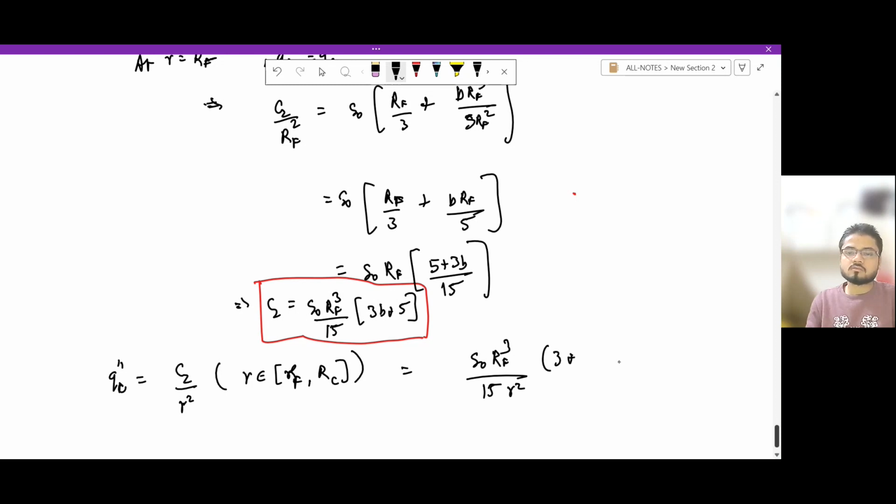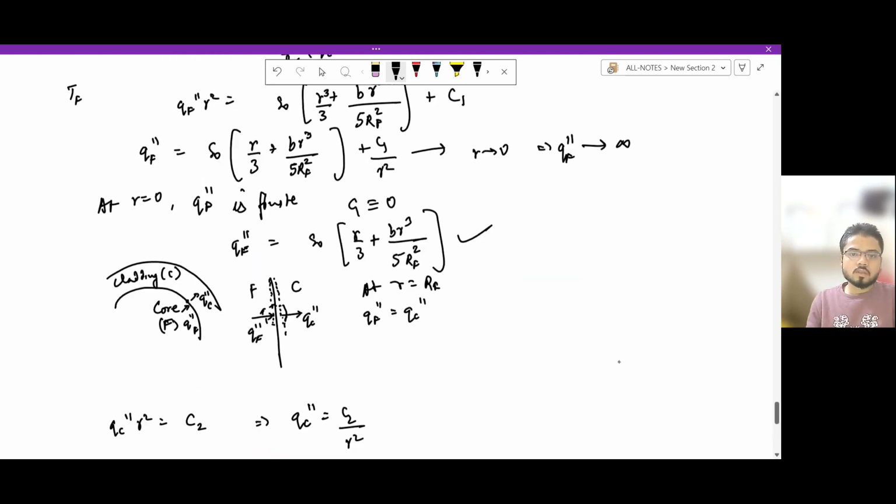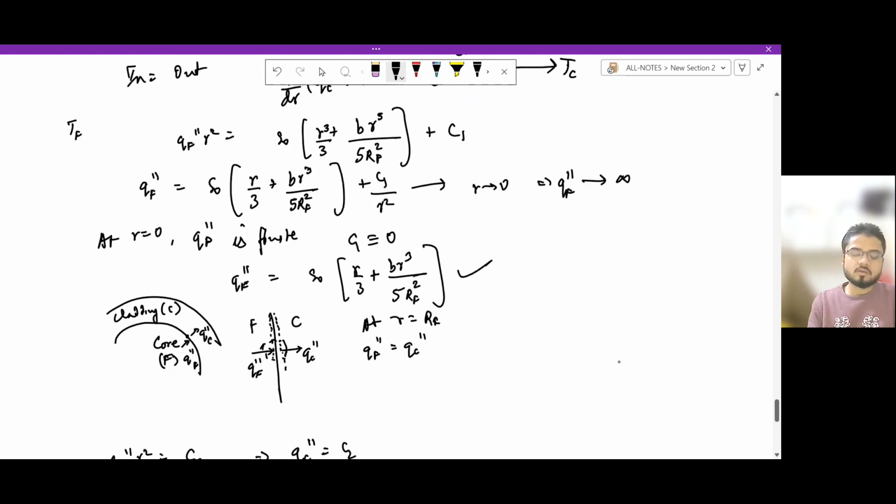And this is equal to S naught RF cubed over 15 times R squared. And the constant part is 3B plus 5. And QF you already have from here.